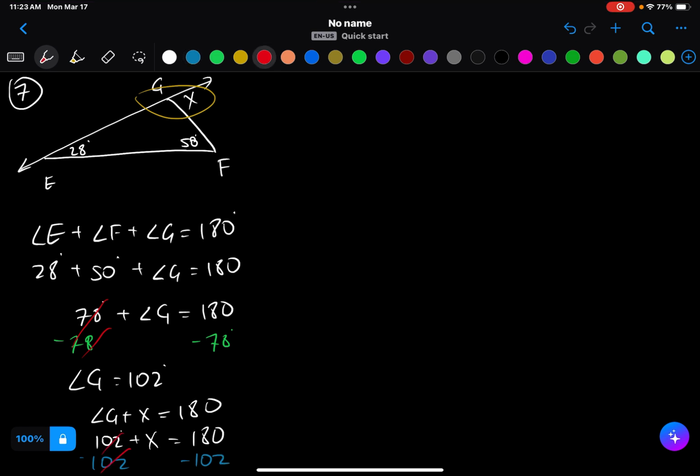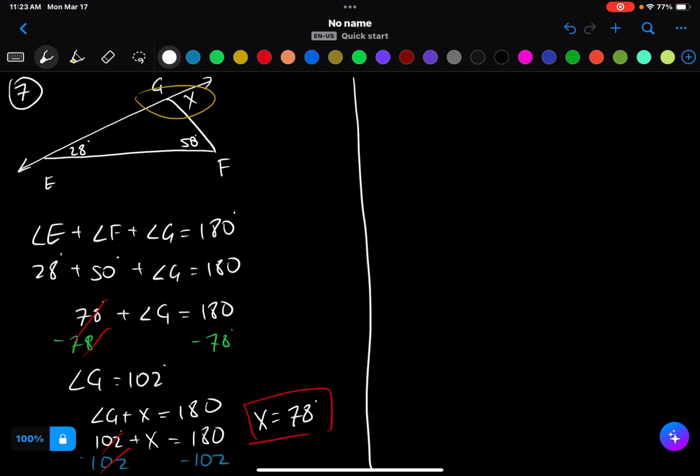So these are down over here. So X is going to be 78 degrees. So that is our missing exterior angle. So that is number 7. That's a horrible line. I can do better. Yes. So now let's do number 8.